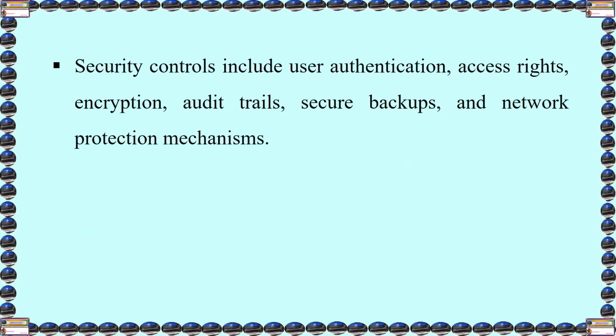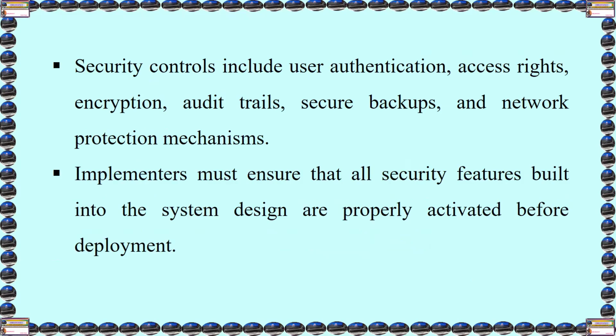Security controls include user authentication, access rights, encryption, audit trails, secure backups, and network protection mechanisms. Implementers must therefore ensure that all security features built into the new system are properly activated before deployment.